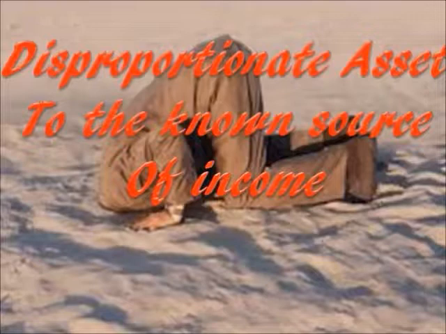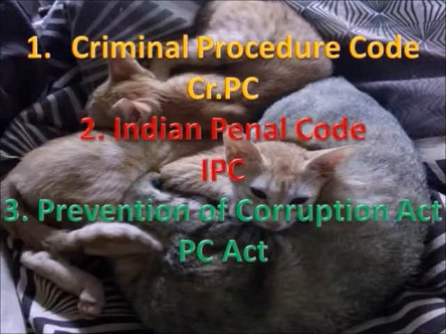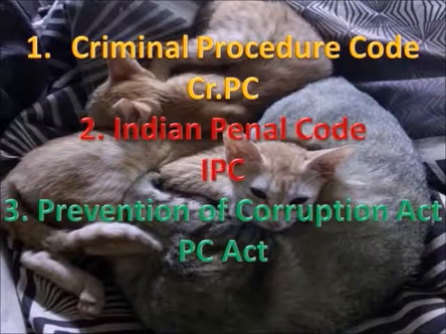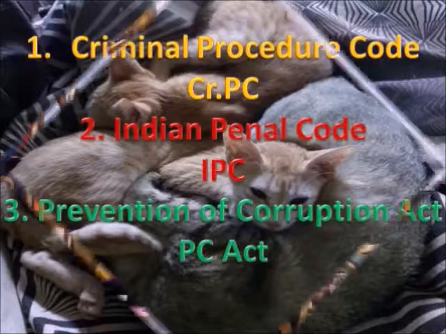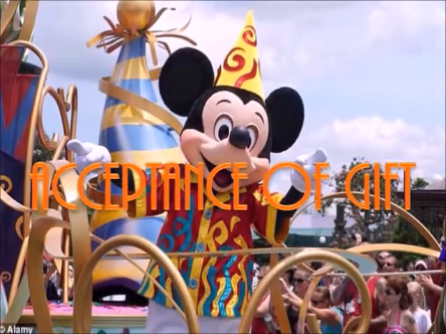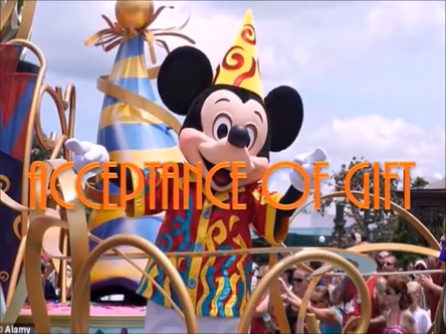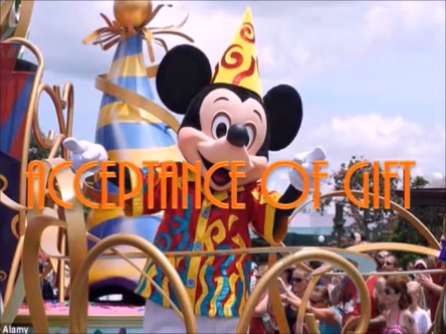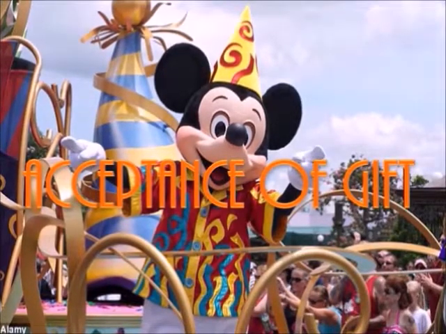Now, before we deal elaborately with these 3 important acts, the Criminal Procedure Code, Indian Penal Code and Prevention of Corruption Act, let me touch upon the starting point in many bank frauds, which is the acceptance of a gift of value more than rupees 5,000. This has been recently enhanced to 25,000.